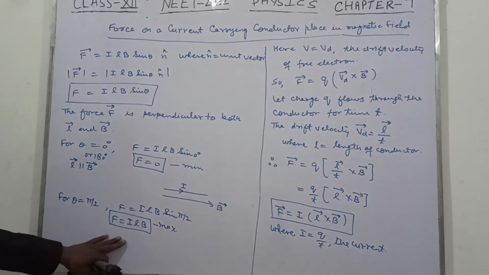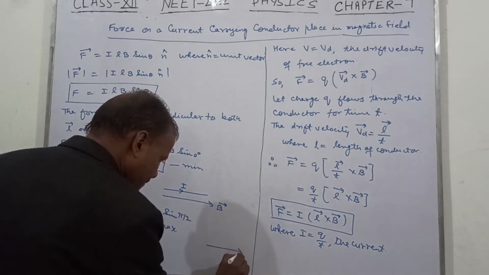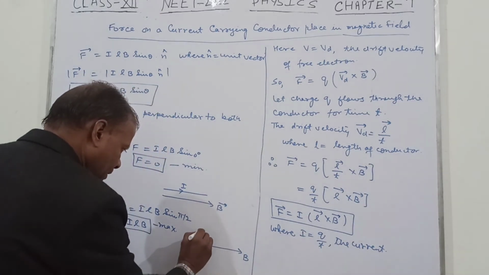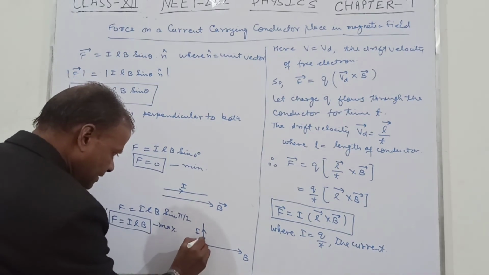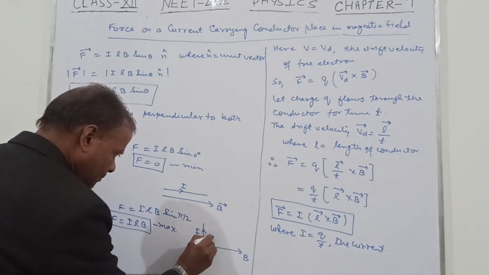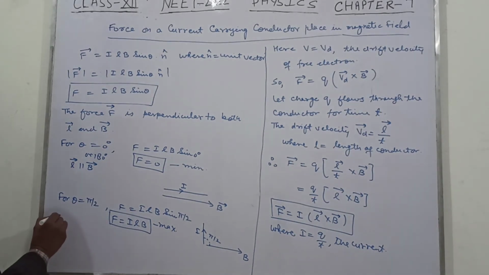So maximum force means what? Suppose this is the magnetic field, and this is the conductor carrying the current I. Then the angle between them is equal to pi by 2. So here L is perpendicular to B.